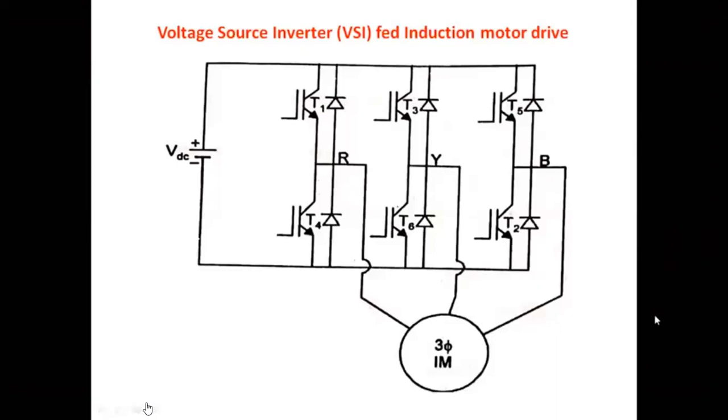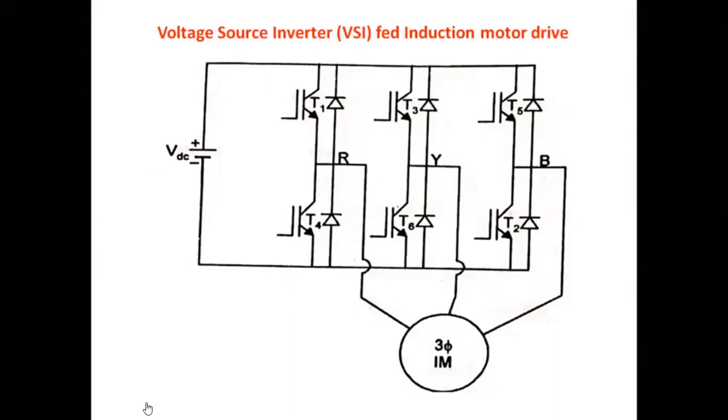Before going to the complete operation of the induction motor under V by F control, let me explain the modes of operation of this inverter. This inverter can conveniently operate in two modes, that is 180-degree mode and 120-degree mode.